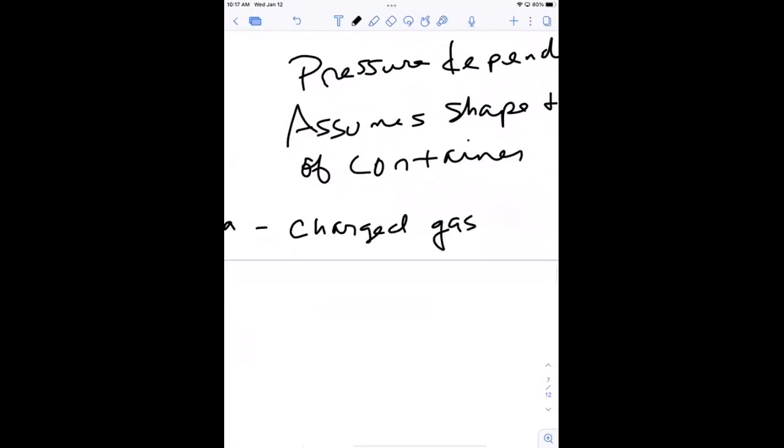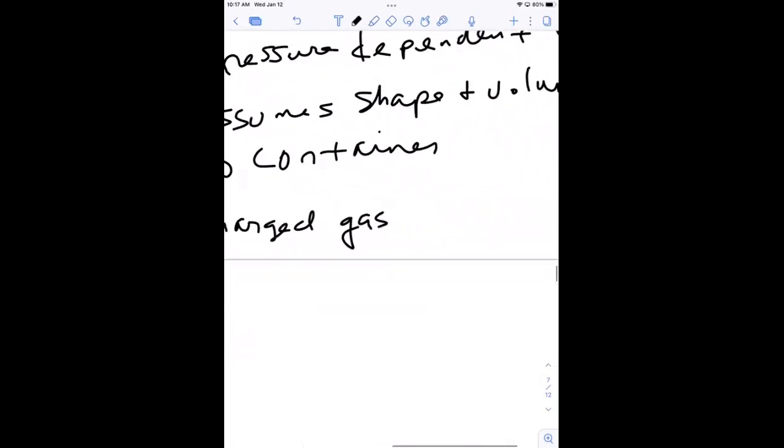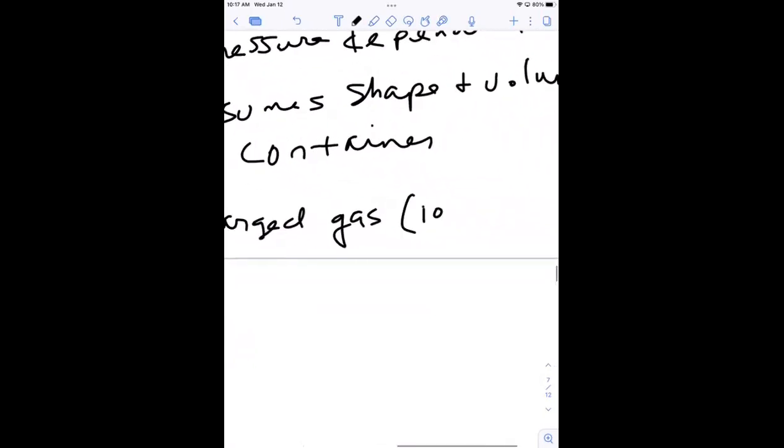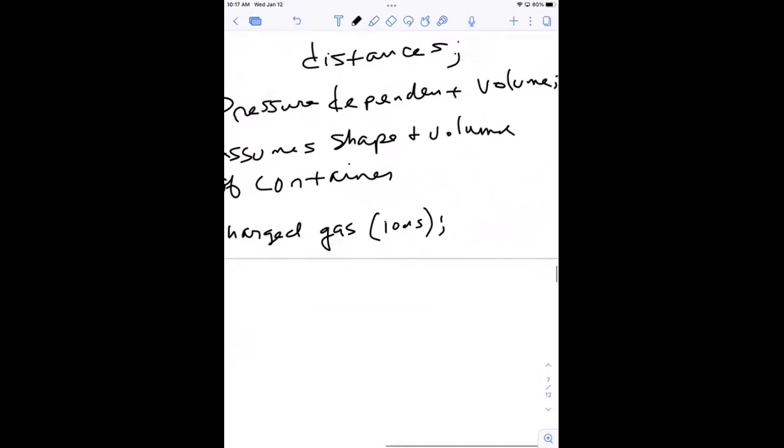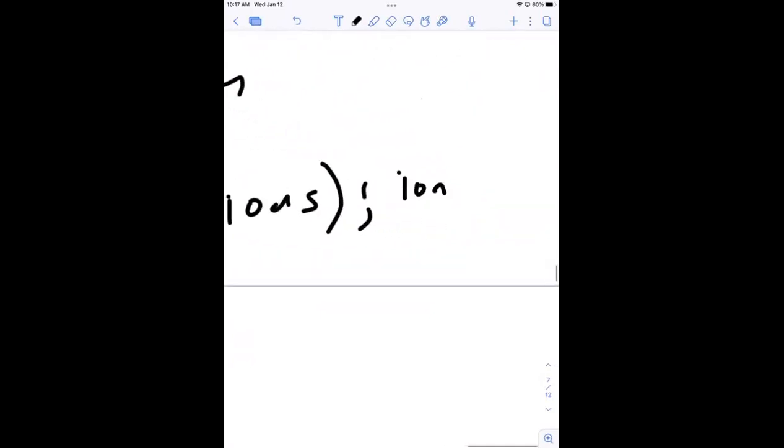So it's not just a gas, it's a gas that's made up of charged particles, or what we call ions. So sometimes you'll hear plasma also referred to as an ionized gas.